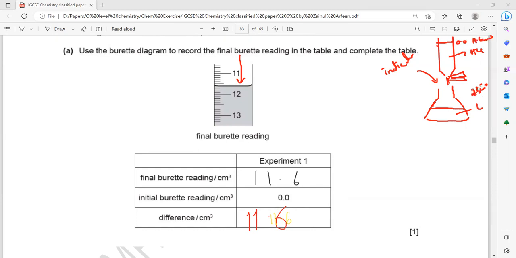Without calculation, can you tell which solution is more concentrated, L or hydrochloric acid? Which solution has a higher concentration? Is it L or hydrochloric acid, like sodium carbonate or hydrochloric acid? Hydrochloric acid is more concentrated because we need a small volume for a complete reaction.